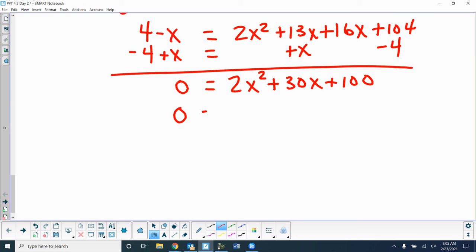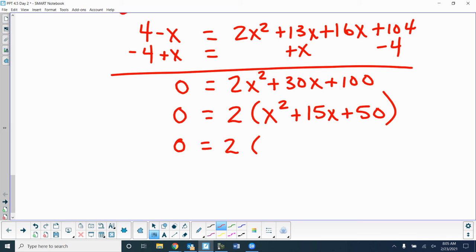I might be able to factor this. I'm going to take a 2 out as a GCF. What are the factors of 50 that add up to 15? I heard somebody. 5 and 10, thanks. 5 times 10 is 50, 5 plus 10 is 15.